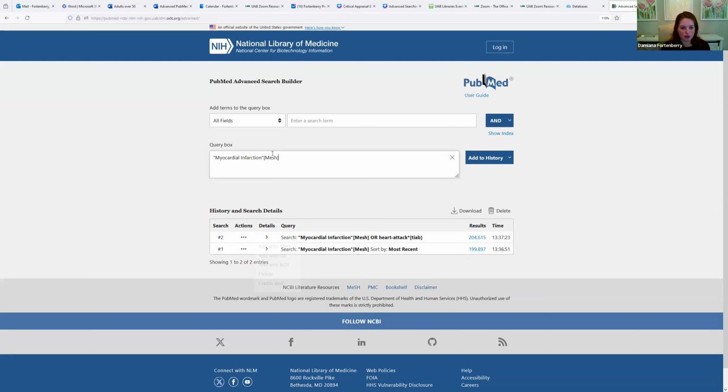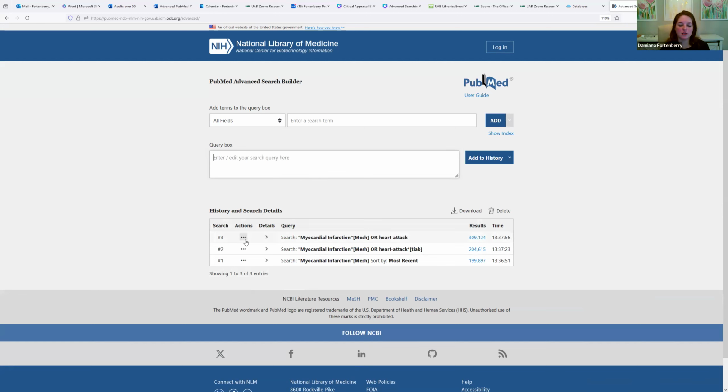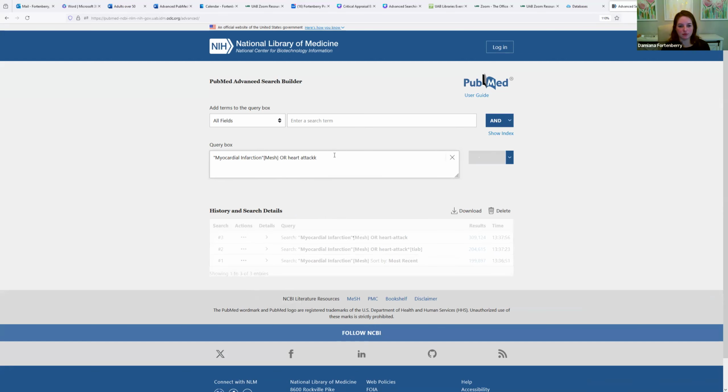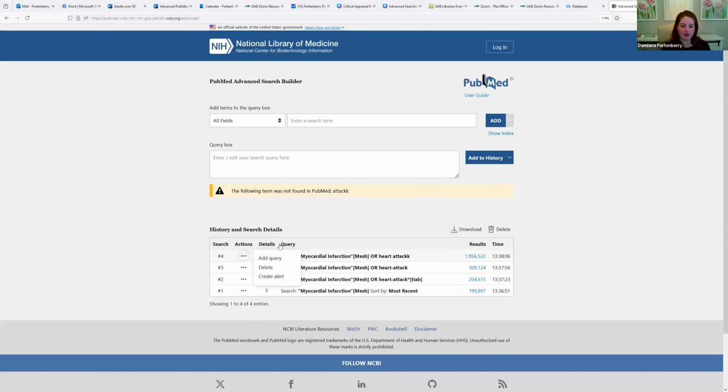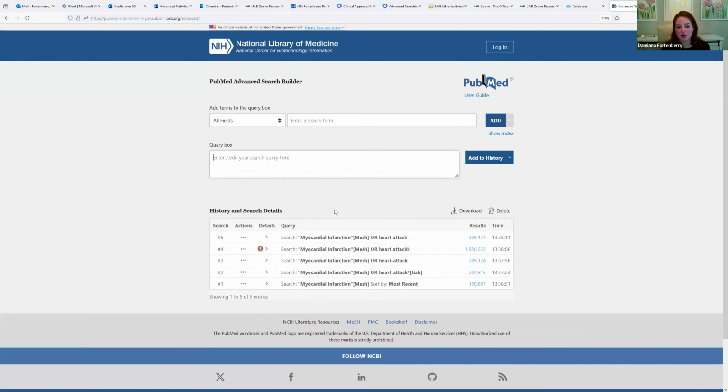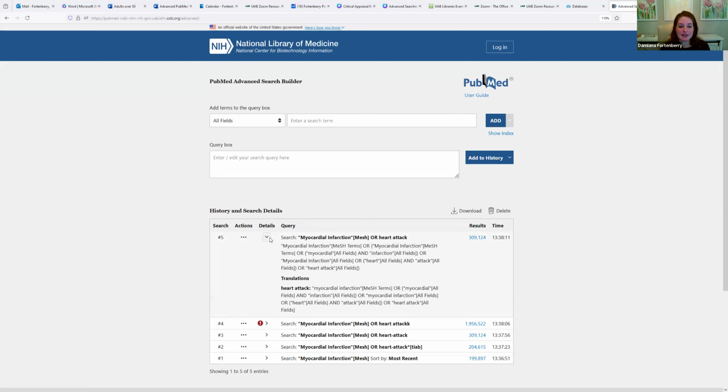So let's go to this one and just say heart. Yes, that makes sense. It lets you know when you mess up spelling too, which for me is quite often. Okay, so when you have a search and you look at the details, so you click on this little drop-down arrow, it has let me know that it understands myocardial infarction as a MeSH term.